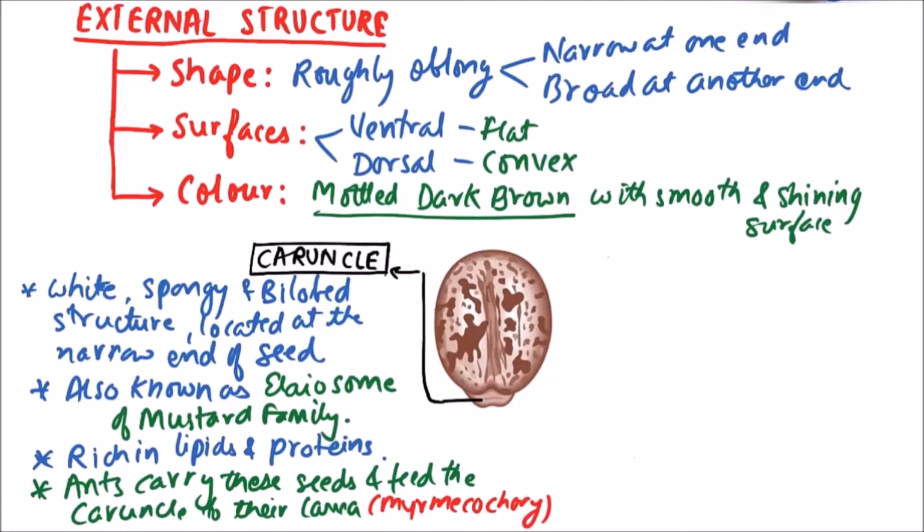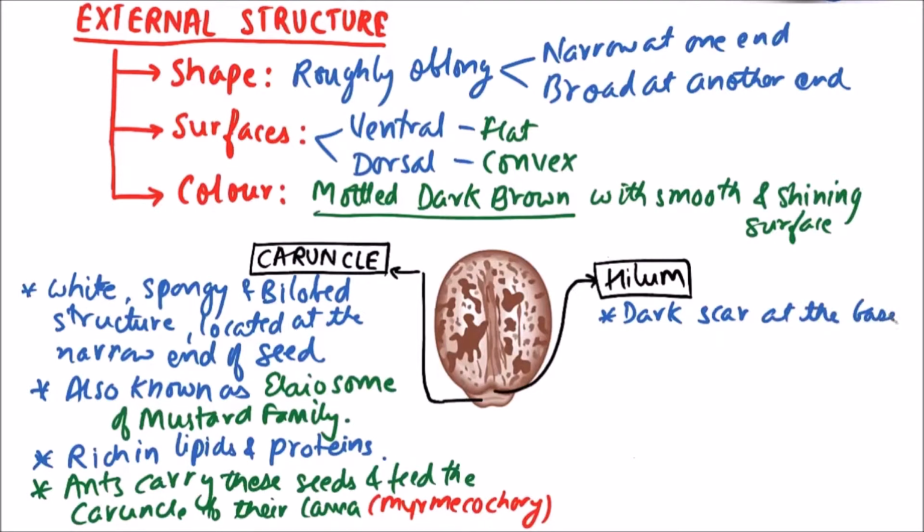Now the next structure which can be observed is hilum. So hilum is a dark scar at the base of caruncle on the ventral side.